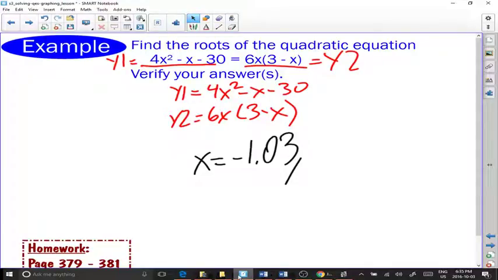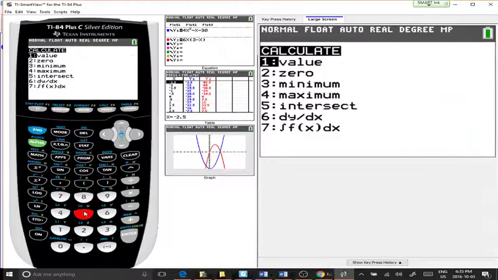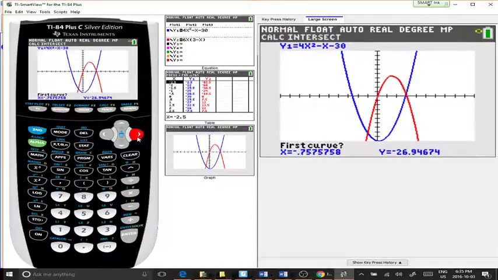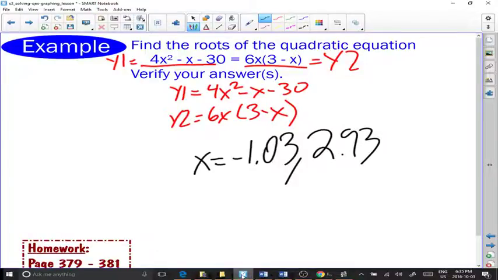And the other solution, which we can find by going second, calc, intersect, enter, enter, is 2.93 if we round.